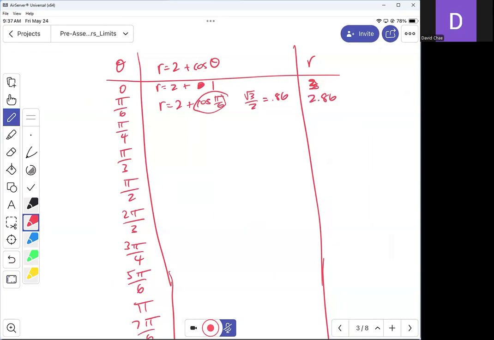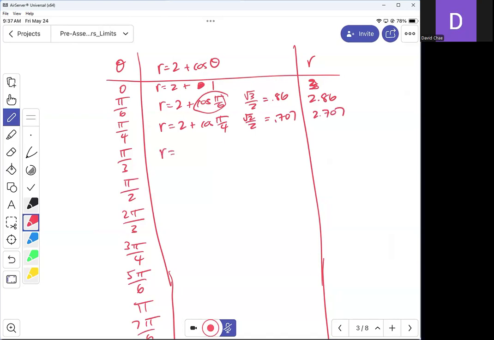All right. r is equal to 2 plus cosine of pi over 4. Cosine of pi over 4 is radical 2 over 2, that's 0.707. So that is 2.707.